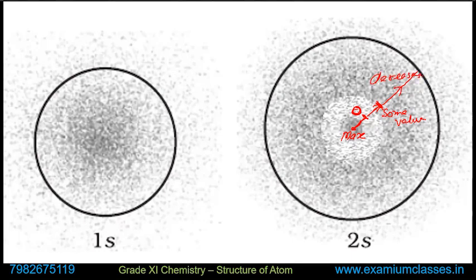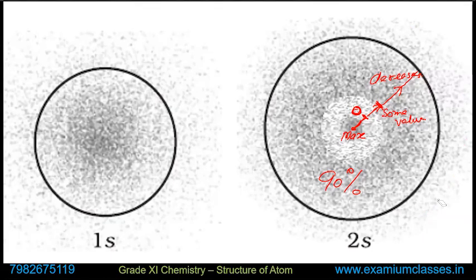Now you can see that some density is still shown outside the s orbital. This is because there is no clear demarcation. We say that around 90% possibility is there that the electron will be in the 2s orbital. So there is no strict hard line. This is just an imaginary line.